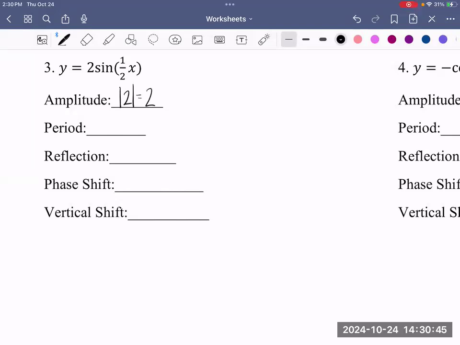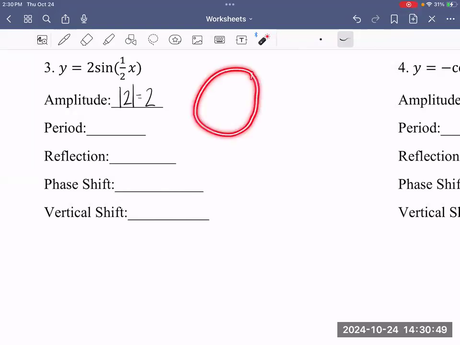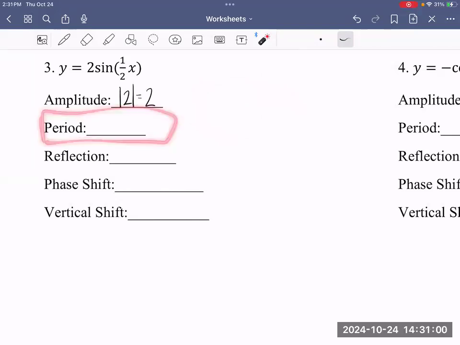Now, when it comes to your period, typically your sine and your cosine travel around your unit circle, and we start at 0 and we travel all the way around to 2 pi before your values start to repeat. Now, if there is any sort of adjustment to your period, that is going to be a horizontal stretch and compression, and that comes from having a number that is directly attached to your x. Now we're going to take this number 1/2 and call it k.